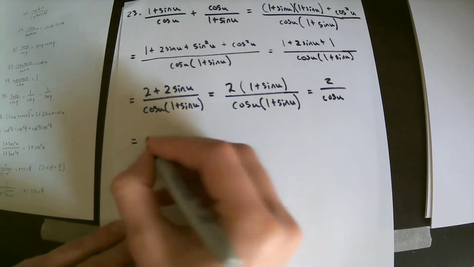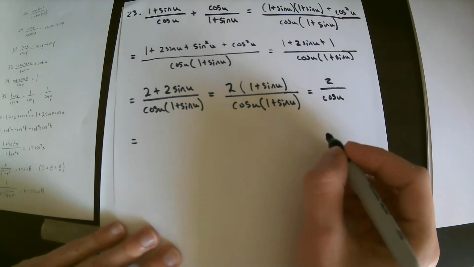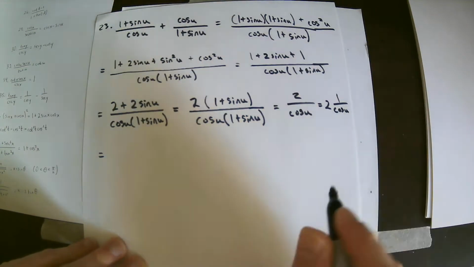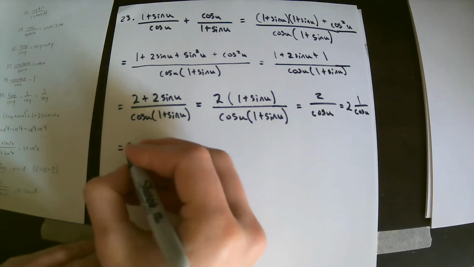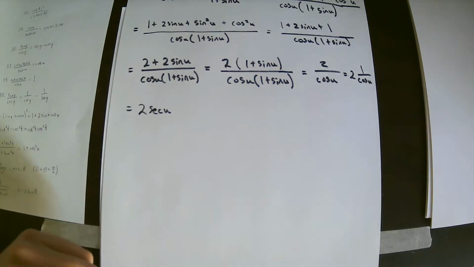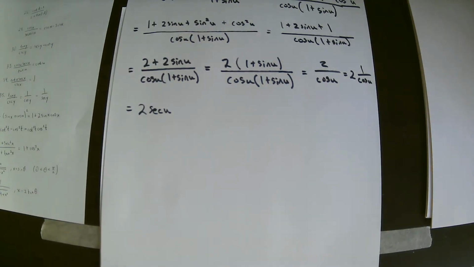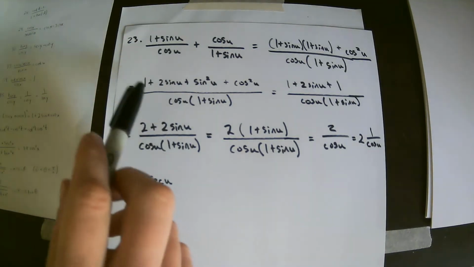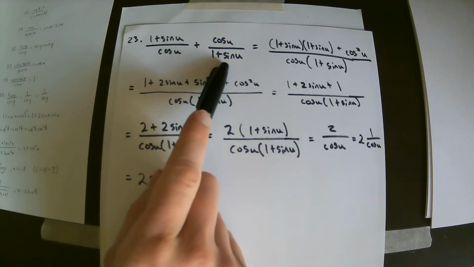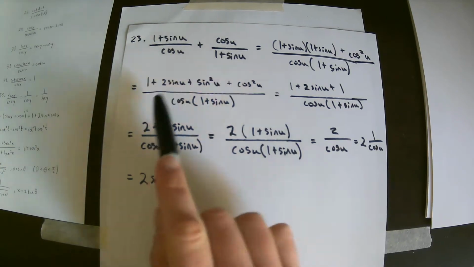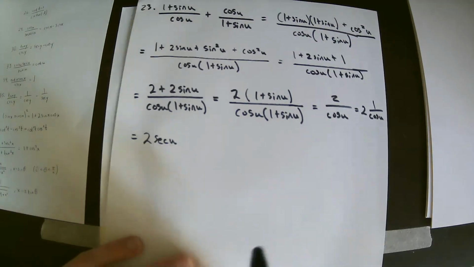That's the same as 2 times 1 over cosine u, but 1 over cosine u is secant, so I'm going to have 2 times secant of u. With problems where you have addition or subtraction in the denominator of a fraction, you've got to get pretty creative with the algebra.